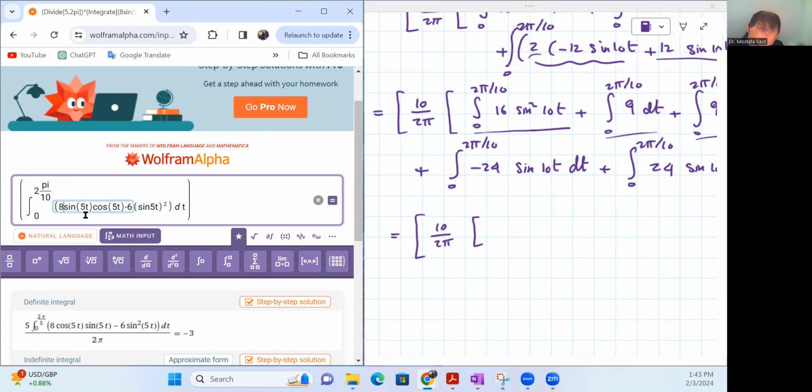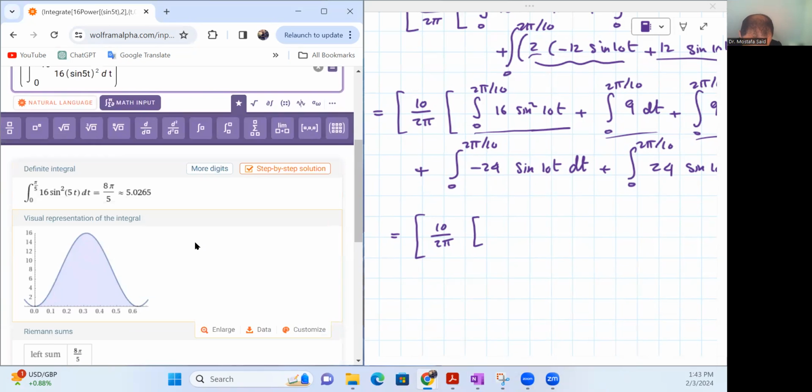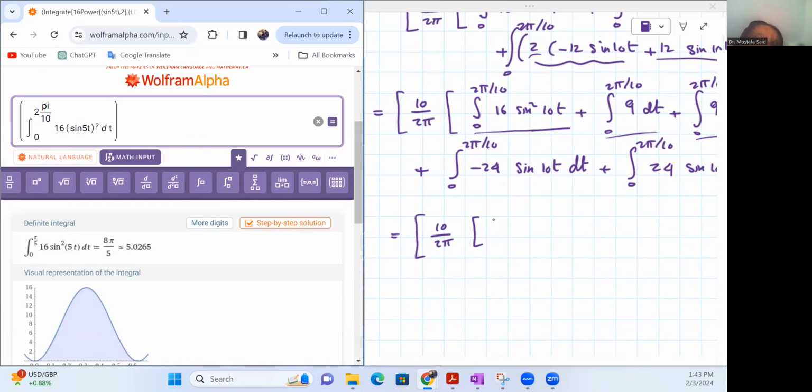And we need 16 sine square 10t. It's equal to 8 pi over 5. That's the first term.